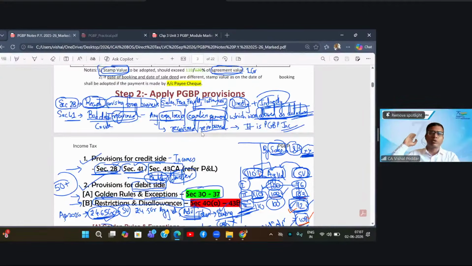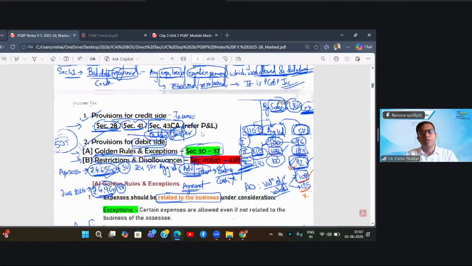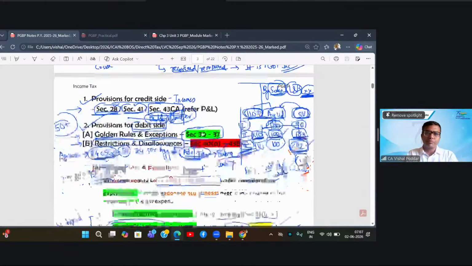So in short, those expenses or losses which were allowed as deduction in the past, if they are reimbursed to you, if you are able to recover them in the current year, then the amount which was earlier allowed as deduction, now recovered, is considered as income under section 41.